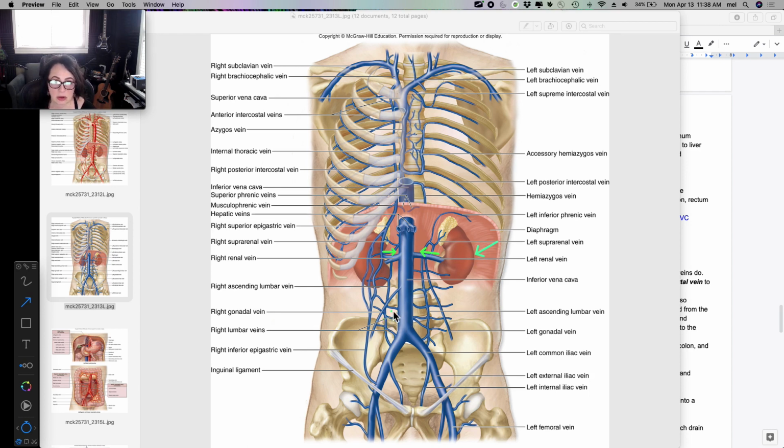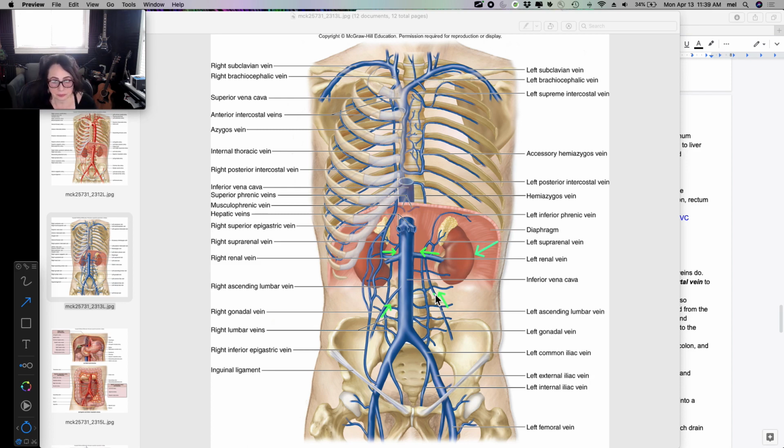Relatively easy are the gonadals, okay? The right gonadal usually dumps directly into the inferior vena cava. The left gonadal right here usually dumps into the left renal. There is variation in that, and it's not particularly meaningful that it does that. So we've got the gonadals and the renals, okay? Those dump directly into the inferior vena cava.